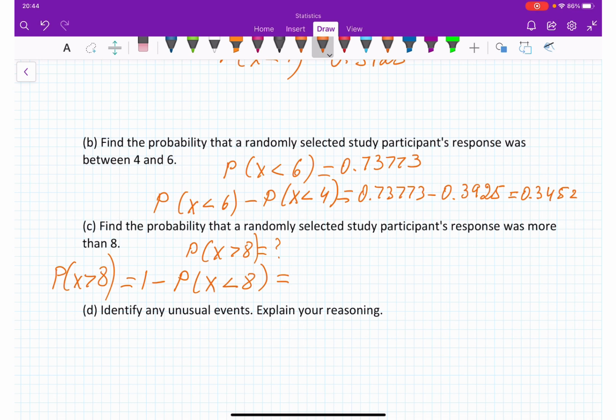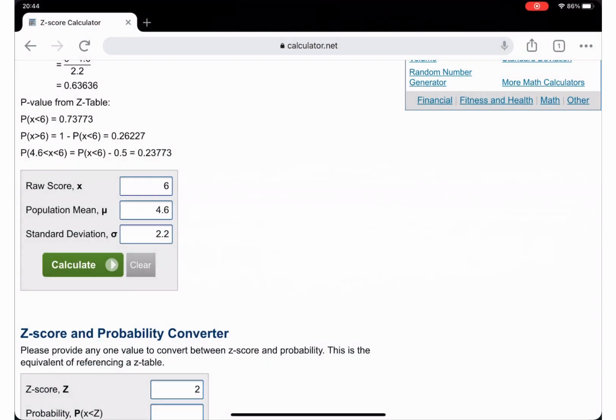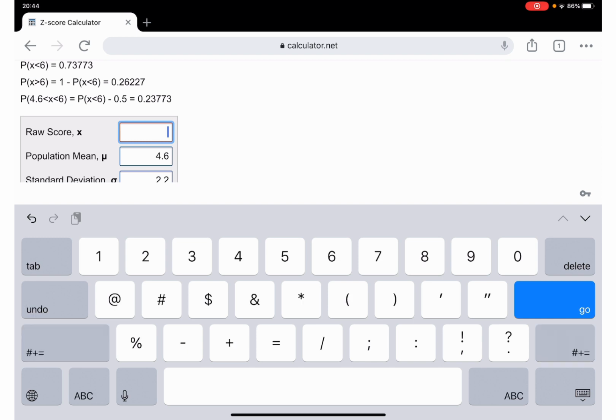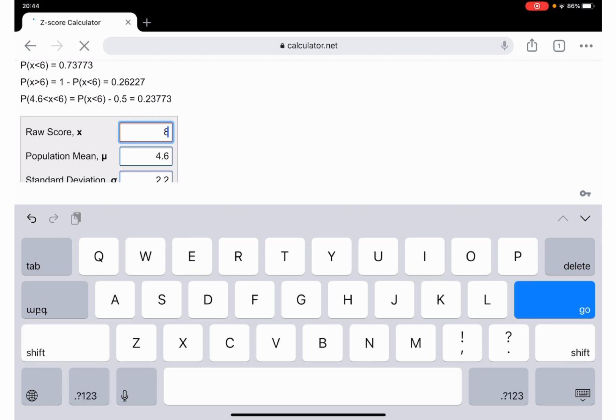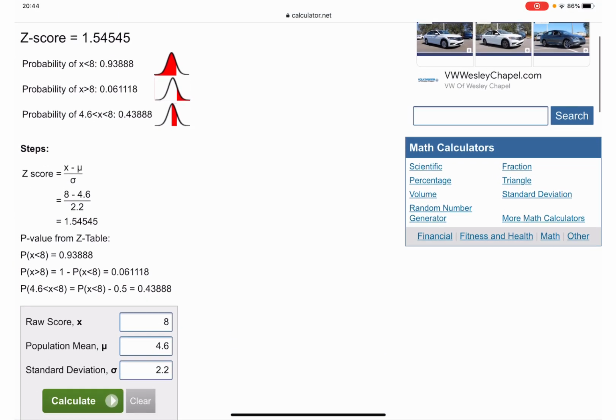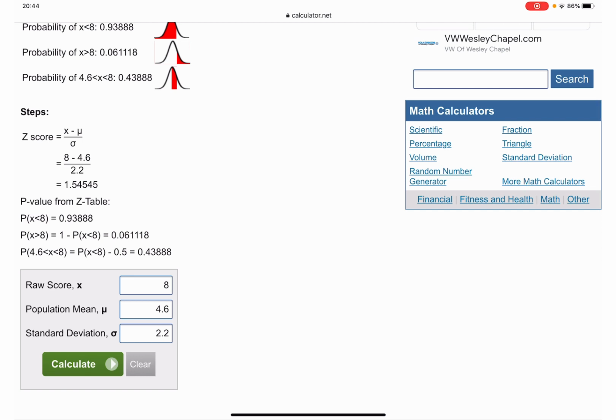Okay. So we're going to have the same data, only x is going to be 8. Right? Go. So less than 8, it's going to be 0.93888.